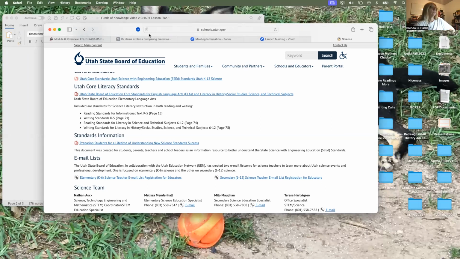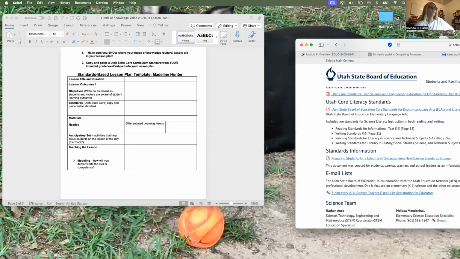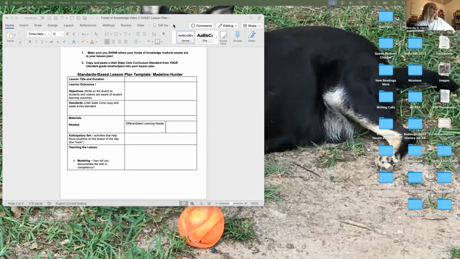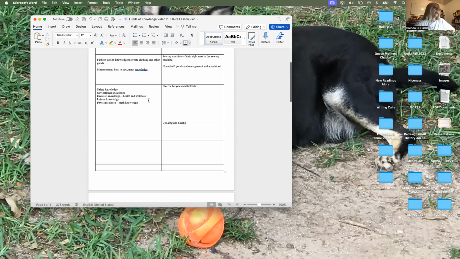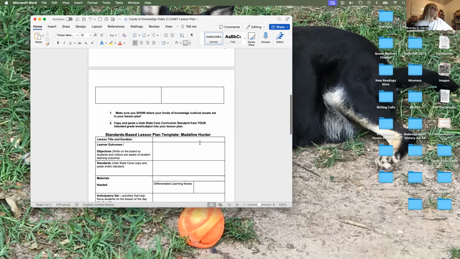Okay, so I'm going to move that out of the way and go back to our lesson plan here. So here we have our chart, and here's our lesson plan.